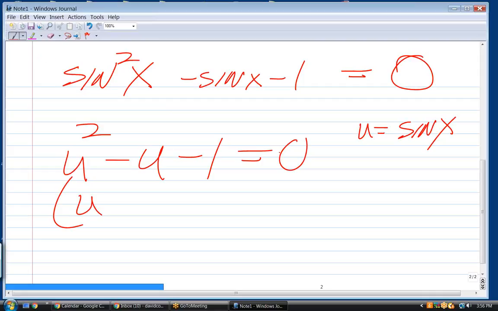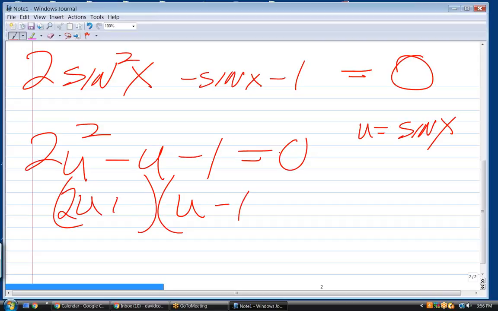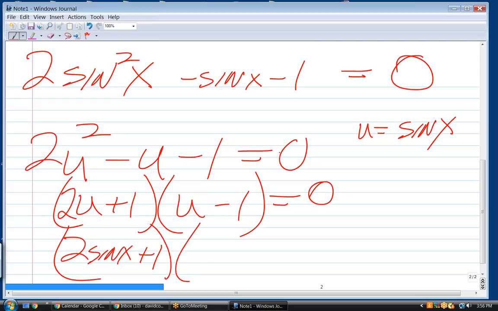Yeah, so it becomes that. So that becomes 2u times u. And let's see, that had to be minus 1 plus 1. So it becomes that. And now go back in and resubstitute for u. So you end up with 2 sine x plus 1 times sine x minus 1.